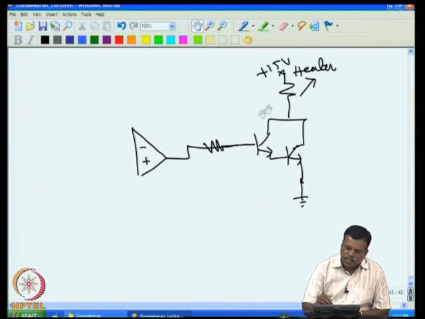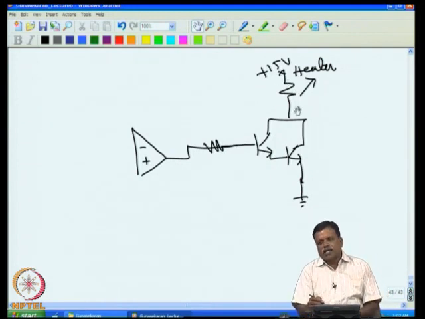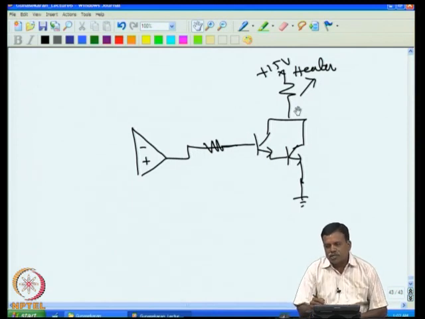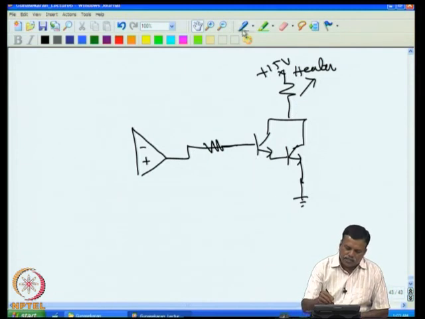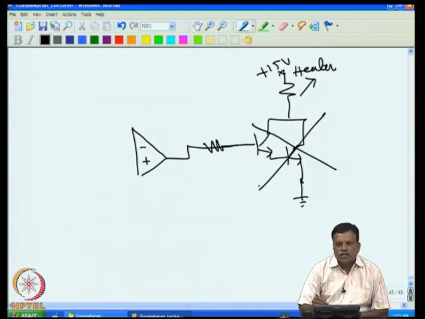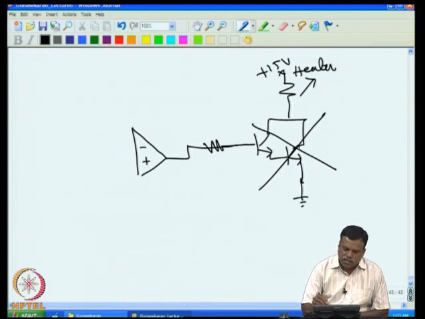In fact, you have a gain here, and once the voltage goes more than 1.2 volt at this point, it is completely switched on and will act like an on-off controller, and the proportional controller action will be completely lost. So this circuit should not be used for a PID controller or proportional controller for that matter.